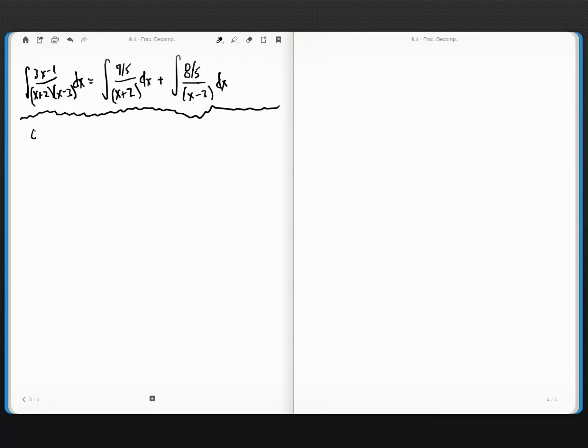For instance, I'm just going to skip the integral stuff and just focus on the fractions. If we wanted to decompose x over x minus 3 squared, let's say we want to decompose this thing.